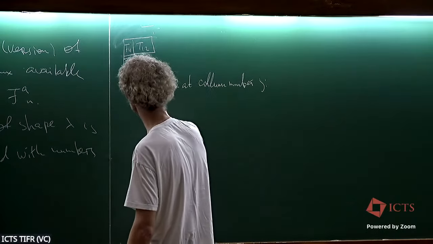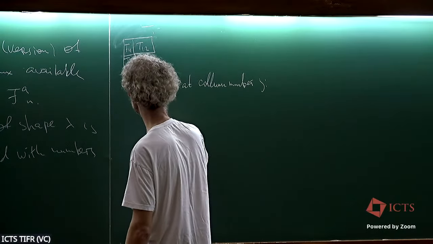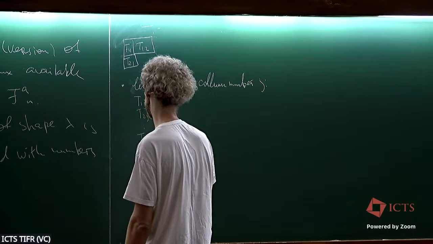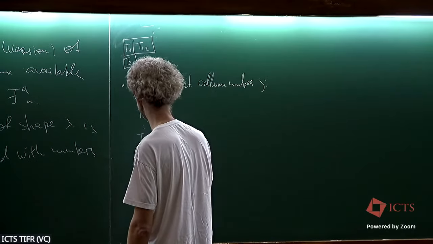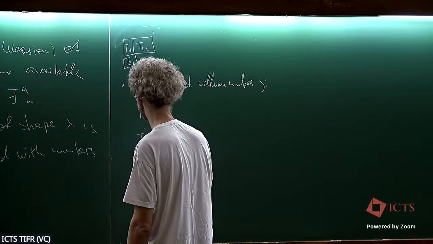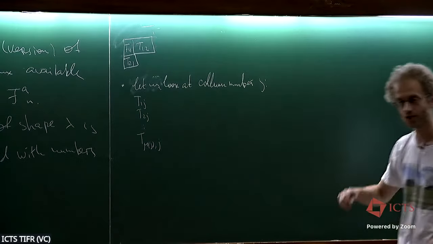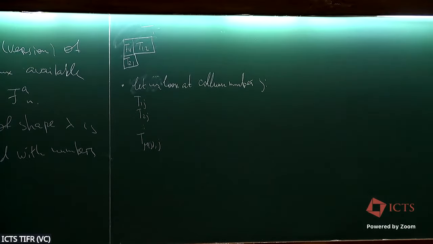So we have here T_1j, T_2j, up to T, let me denote this number by mu_j, and mu_j is just the height of the column number j.